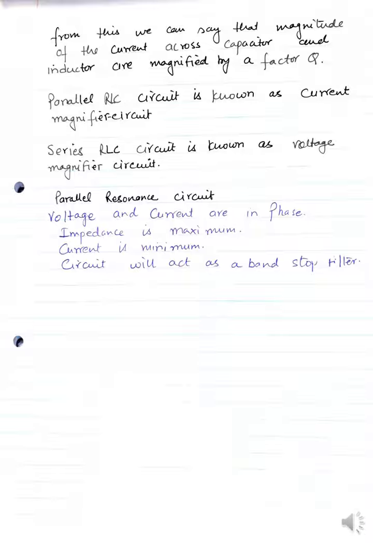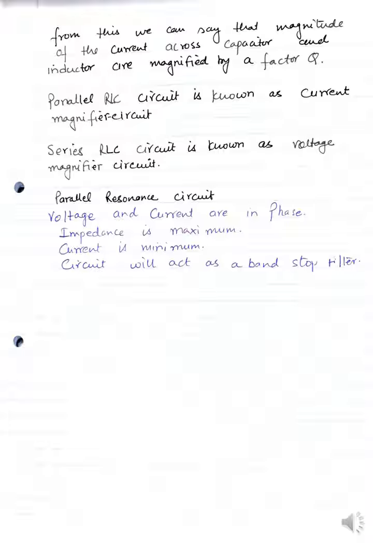So from this we can say that the magnitudes of the current across capacitor and inductor are magnified by a factor Q, as they are I into Q. Parallel RLC circuit is known as current magnifier circuit, because the current we are supplying is I, and across inductor it becomes I into Q, across capacitor it becomes I into Q. So that's why basically the current is magnified.